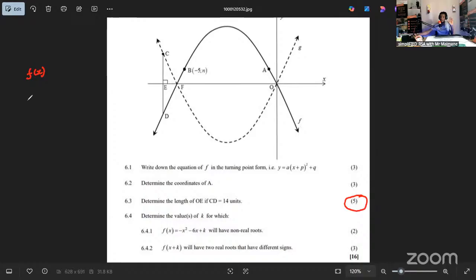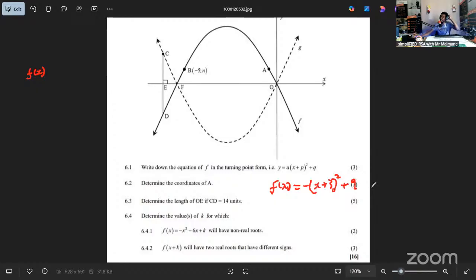For this type of question, to explain the real roots, remember, the real roots are explained in terms of the y value of the turning point. The y value of the turning point, which is q. So you already have your f of x is equal to minus (x plus 3) squared plus q.